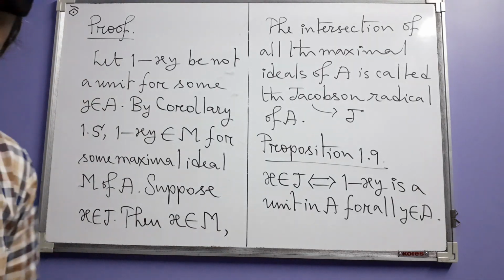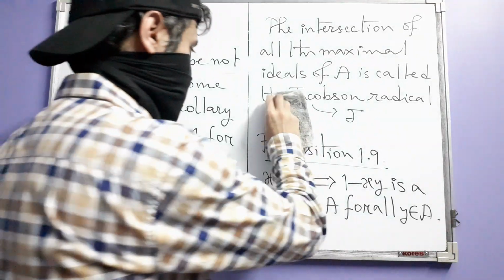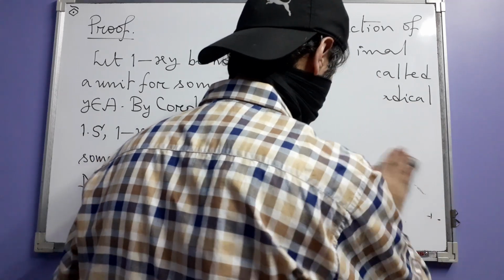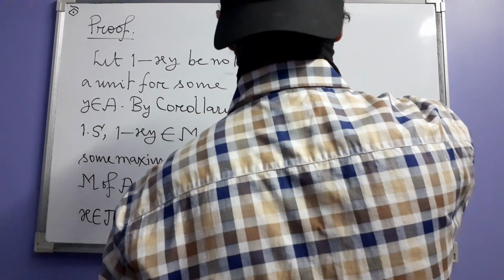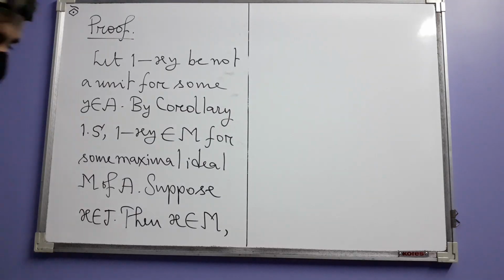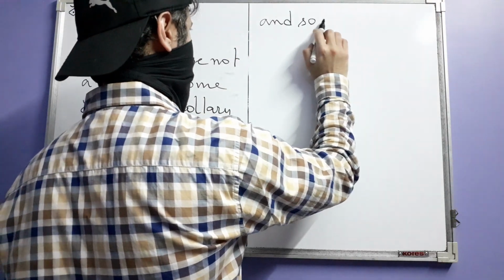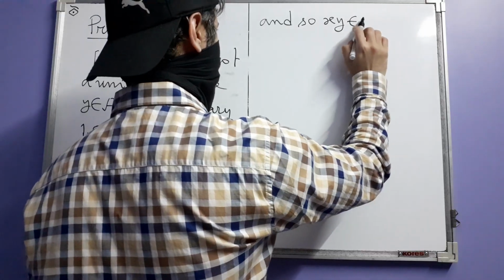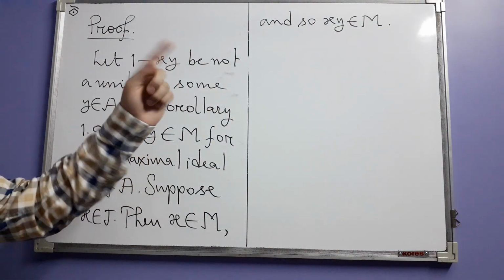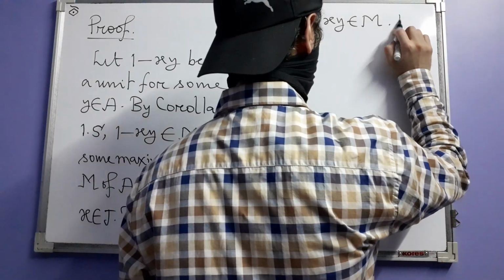And so xy will also belong to M. But then you have this element in M and that one in M, so their sum is also in M, which is 1.